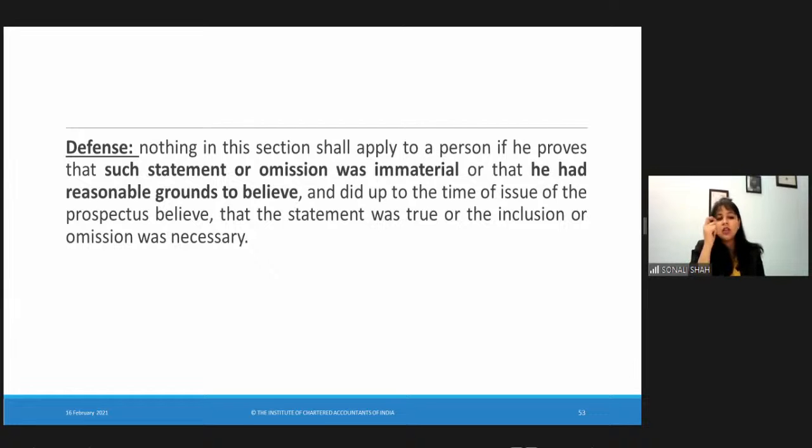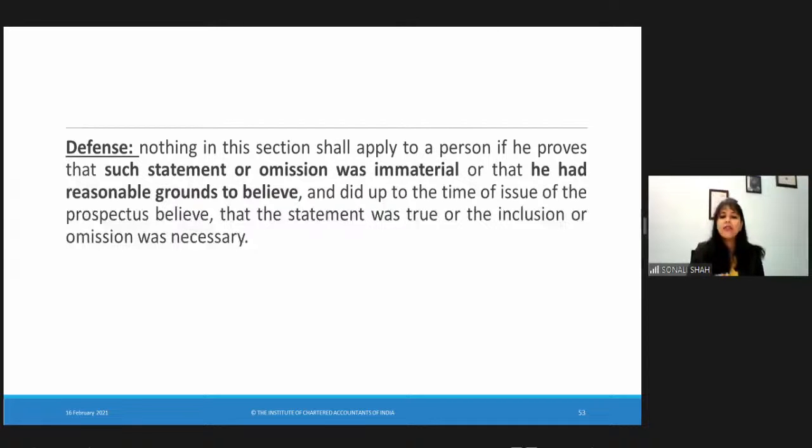If this person proves that the statement or omission was immaterial, or for the information that he had put in, he had reasonable grounds to believe that the information was true, or the omission was necessary.